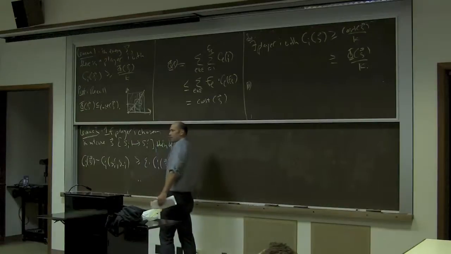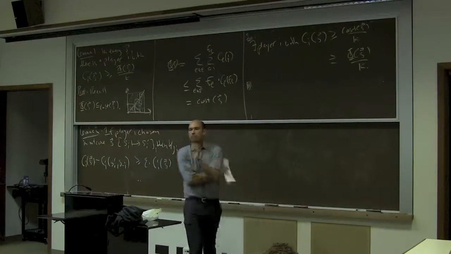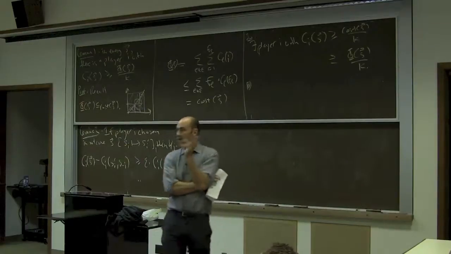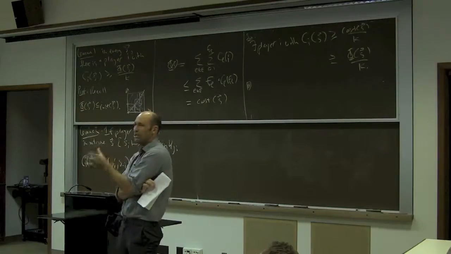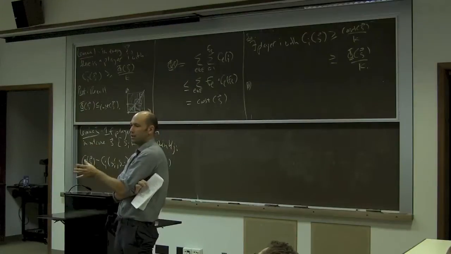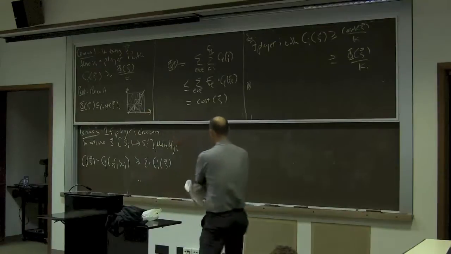So what I'm going to do here instead is write something in terms of the other players J. We already know this. We know that the decrease is large with respect to I's cost. But again, the problem is that I might not be the player with the biggest cost. But what I'm going to say is that the decrease in I's cost is even large relative to the cost of everybody else, in particular the player with the largest cost overall.